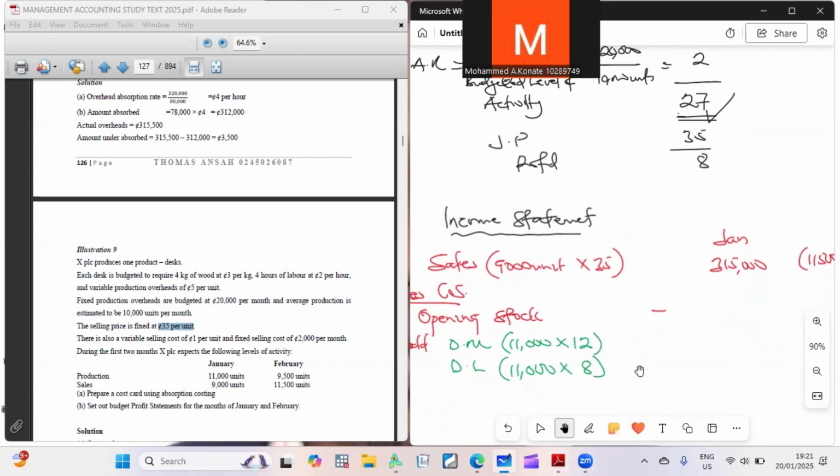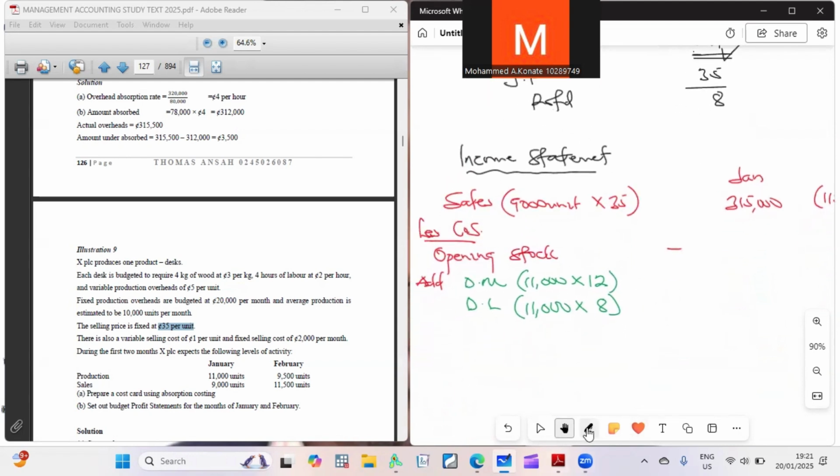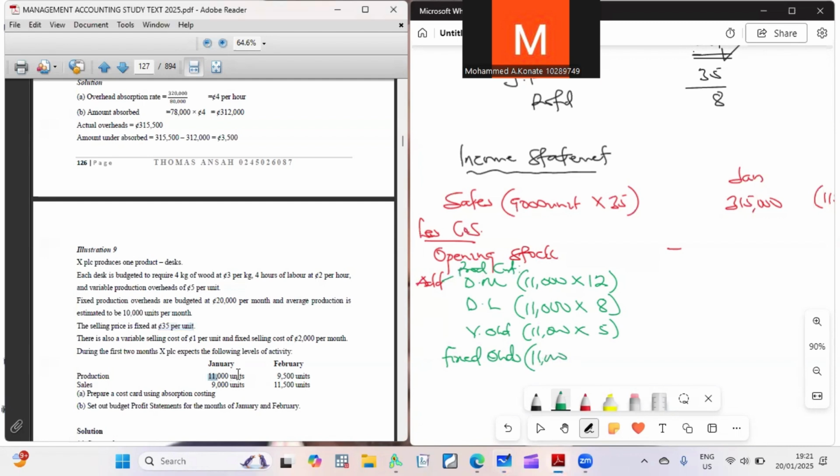Then the variable cost per unit is 5. And you produce 11,000. So the variable production overhead will be 11,000 multiplied by 5. Good. Then the fixed production overhead. All these things we are doing is adding production cost. The fixed production overhead, that one too, you produce 11,000 according to the question for February.